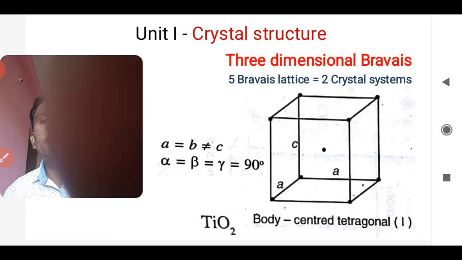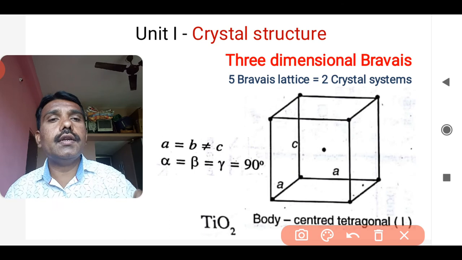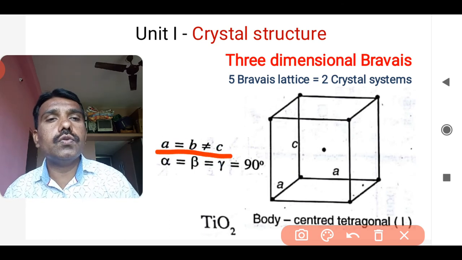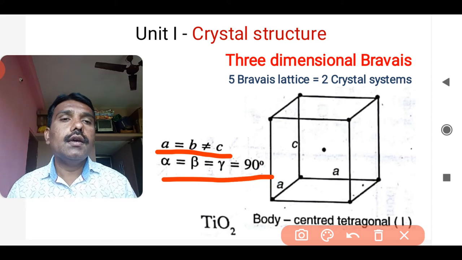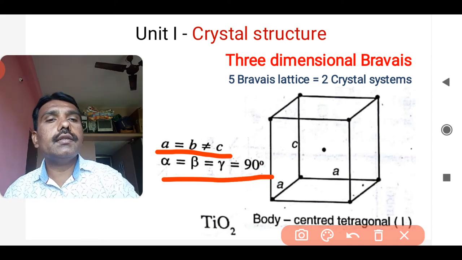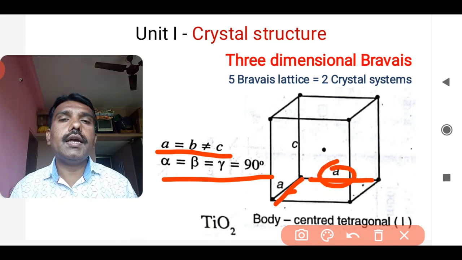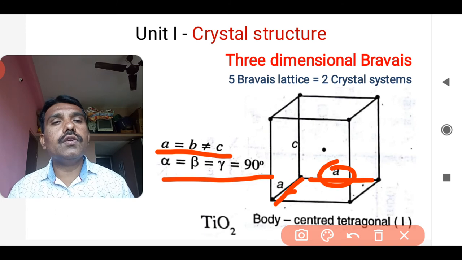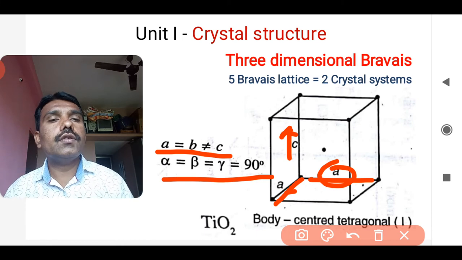Again it is related to the same part, that is, the tetragonal. That's why here a is equal to b but not equal to c, and alpha, beta, gamma are all 90 degrees. Here, a is equal to b, so the a vector and b vector are shown with the same length, but it is not equal to c, because the c vector is of a different length.